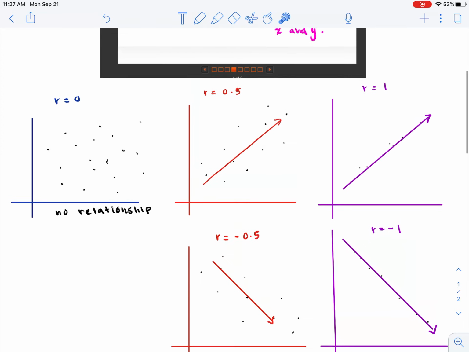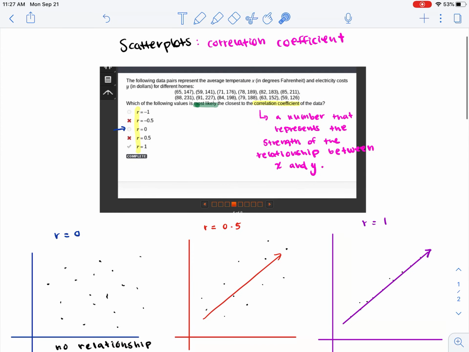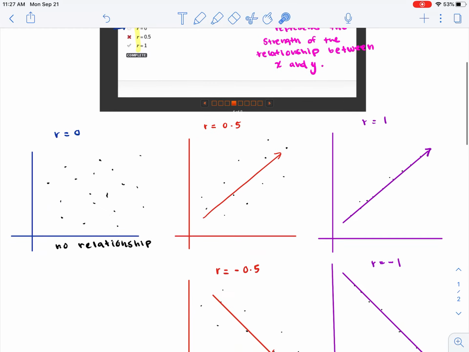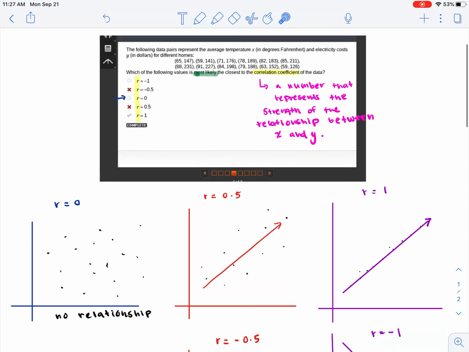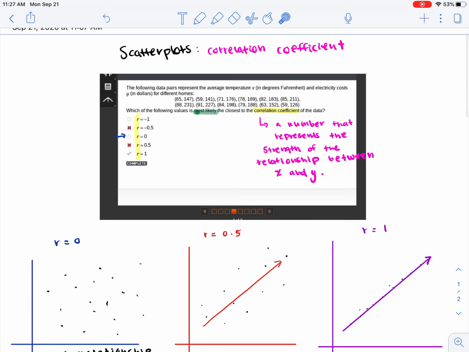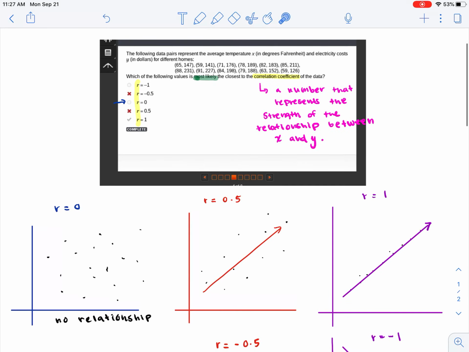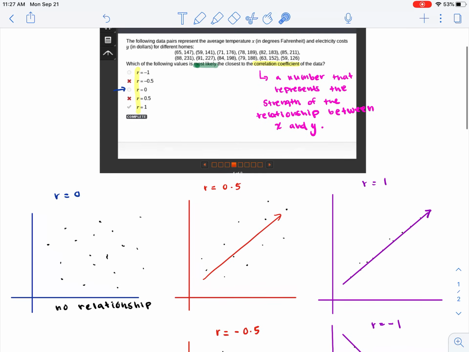So you might wonder, but Miss O, if I go back to the example, they don't give me a scatter plot or a graph. So it's actually your responsibility to get all of these points and plot them to see what kind of correlation they have. I know I cropped this picture out, but on the left side, they should give you a graphing option where you can plot these points, or you can go to Desmos.